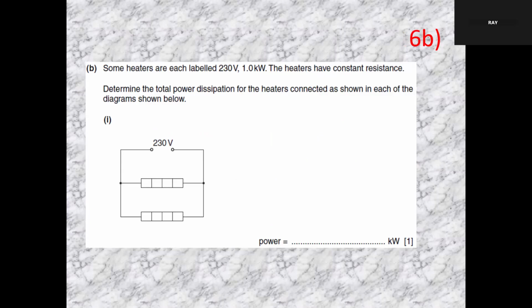The heaters have constant resistance. Determine the total power dissipated for the heaters connected as shown in each of the diagrams shown below. Yep, this one you don't have to show working. If you want, you memorize it. What's the answer?